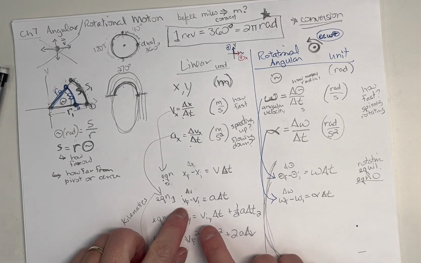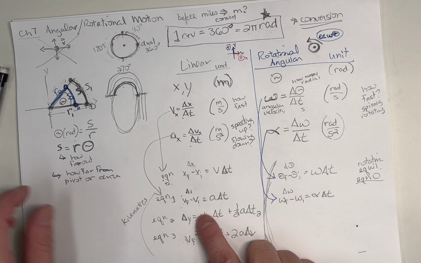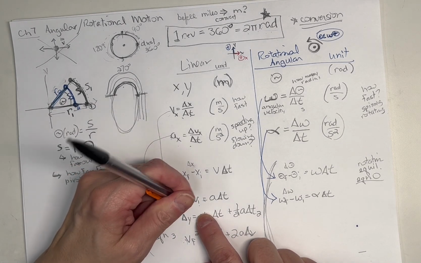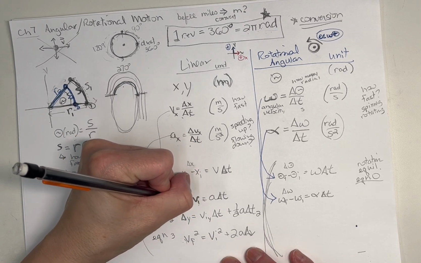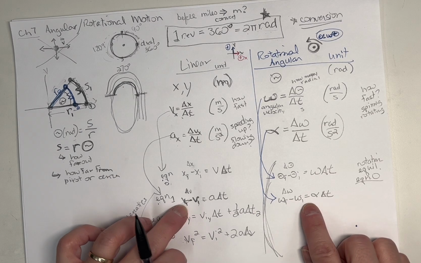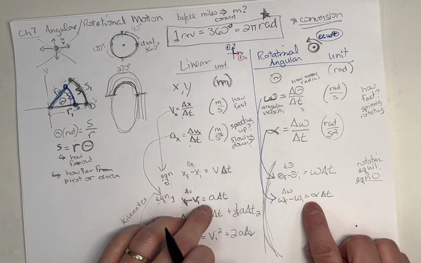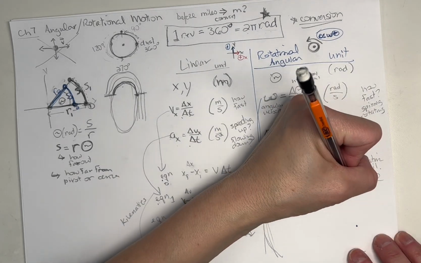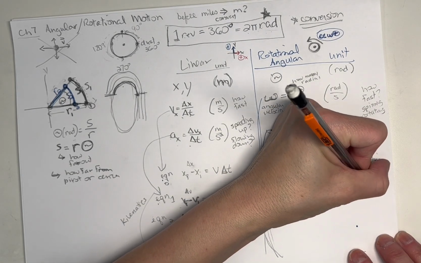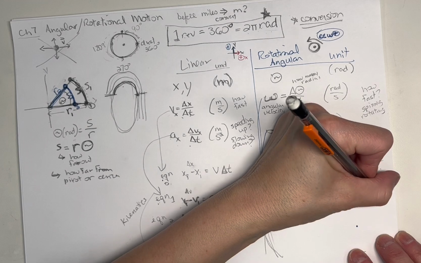Let's review it. Linear systems, v final minus v initial; omega final minus omega initial, equals angular acceleration times time. Great. So this is basically the equivalent of equation 1.